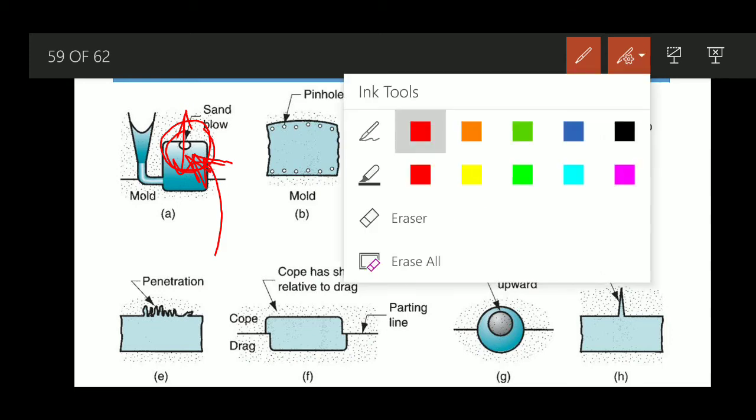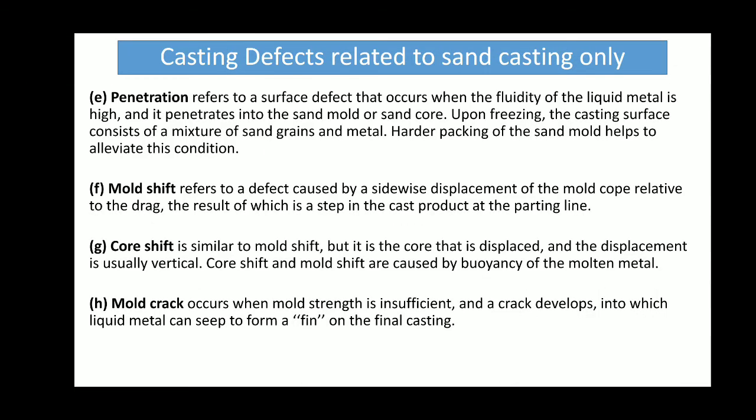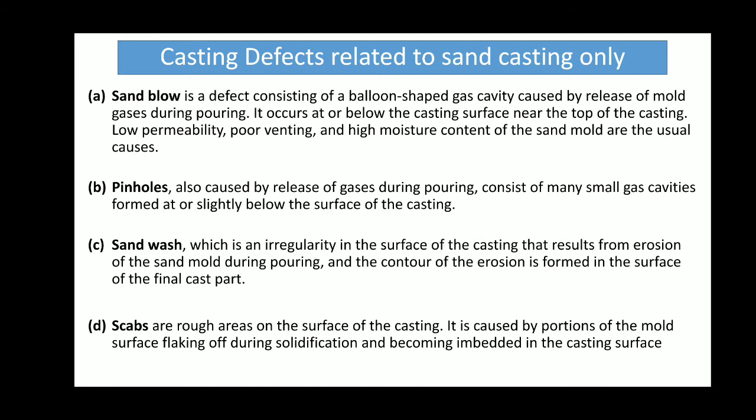Similarly, if there is low permeability or high moisture content in the mold, this kind of problem may also occur. If the moisture content of the sand mold is very high, the mold gas release will be higher, and it may lead to this kind of problem.